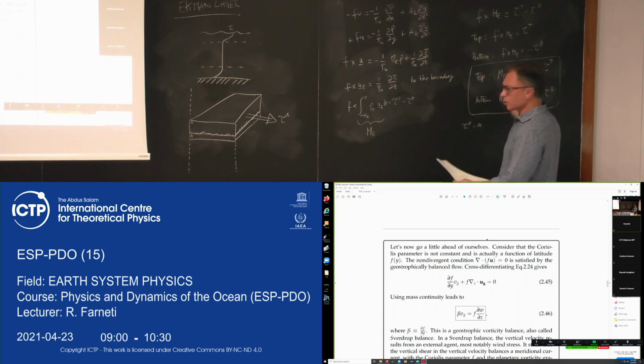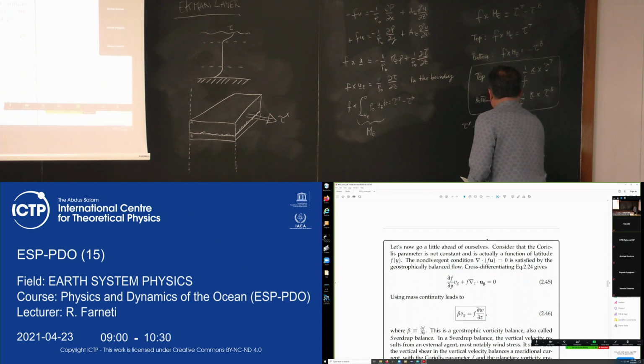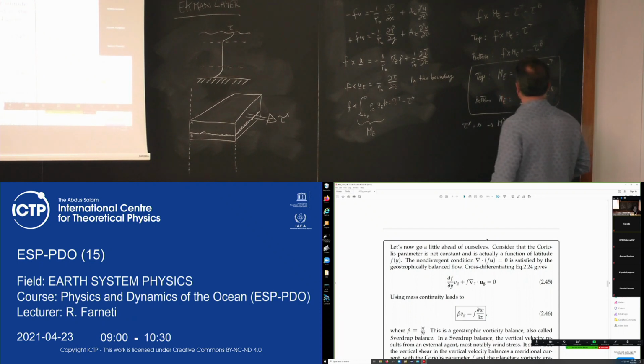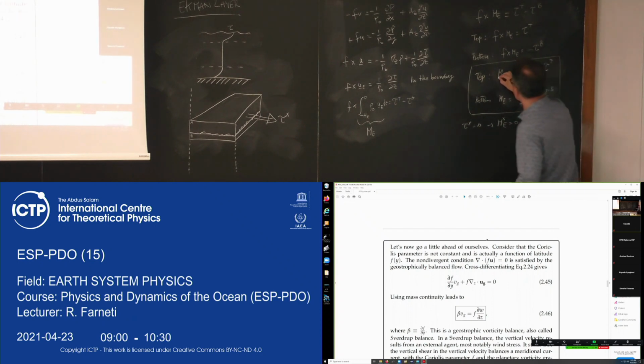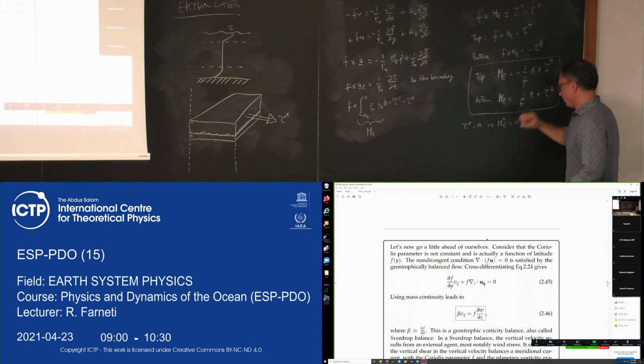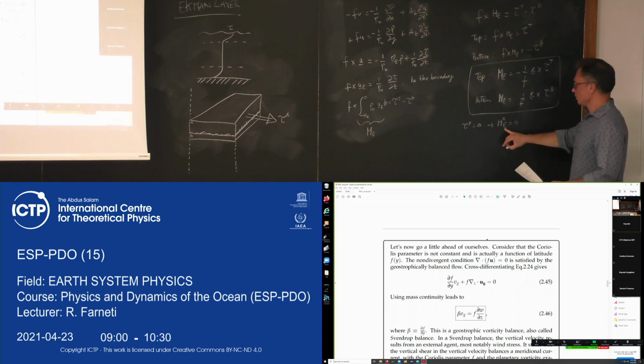There's only a zonal component, tau y is equal to 0, that means that Mx in Ekman is equal to 0. If you expand this, you will realize this is supposed to be bold M. So if tau y is equal to 0, the x component of the mass transport is also equal to 0.